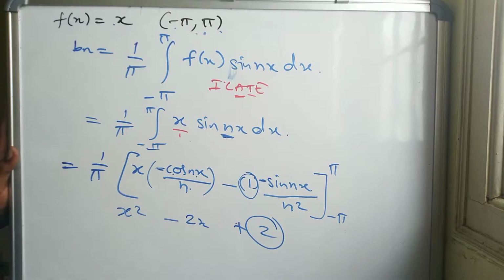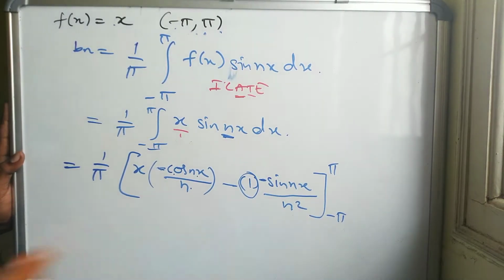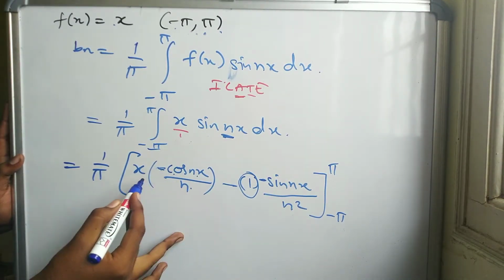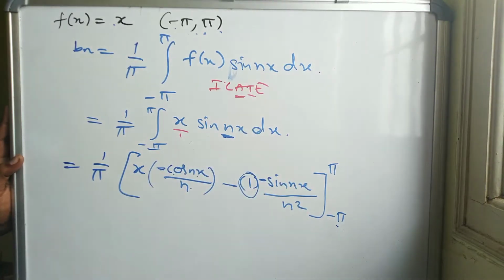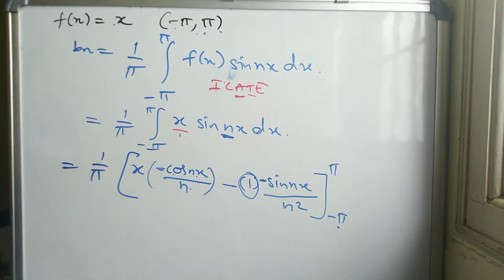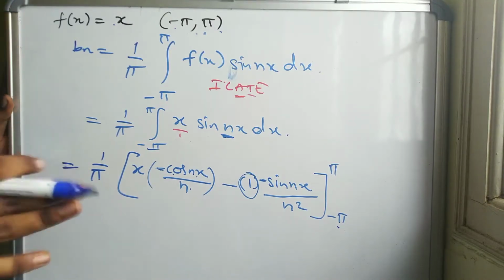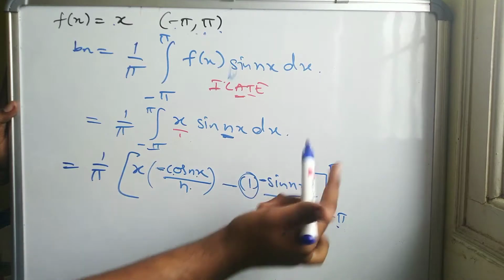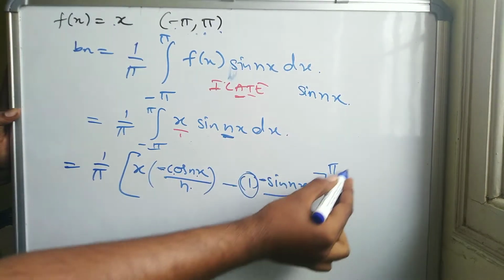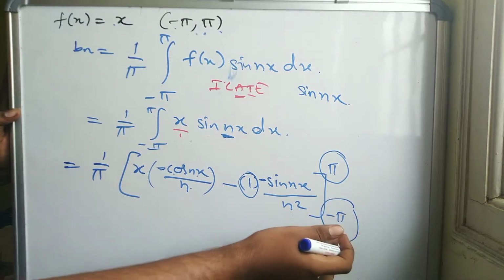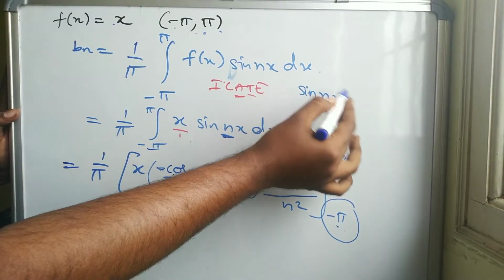Now we'll be solving many questions. Now we got the values. Now put the limit, upper limit minus lower limit. No need to put for every value. You can observe here, this is sin nx, right? Now if you substitute the upper limit and lower limit, that is pi and minus pi, what is the value?